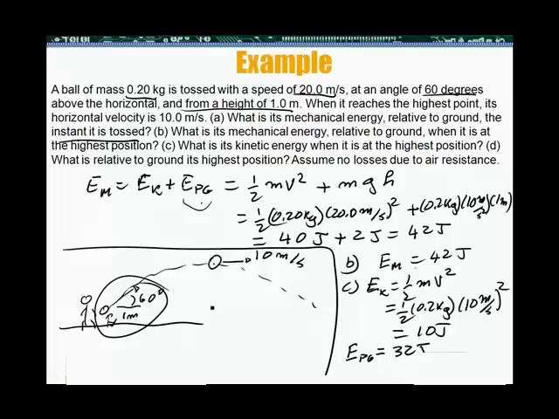And then since the gravitational potential energy is mgh, mgh is equal to 32 joules. I divide both sides by mg.